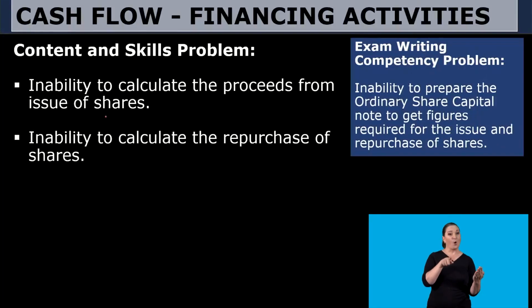You have to understand that the calculation of the proceeds from issue of shares can be related also to note number 7, that is your ordinary share capital. So you must be able to link these things together.